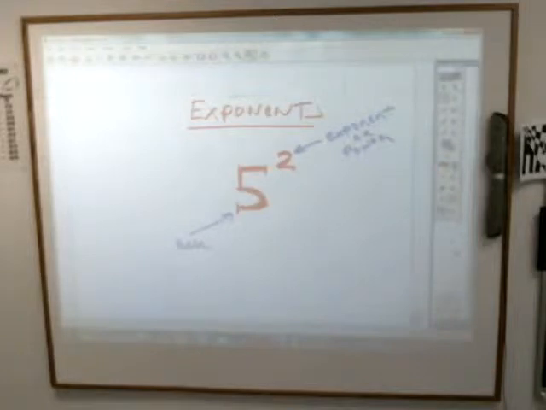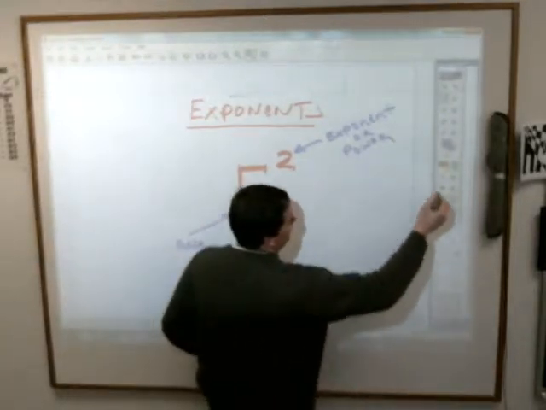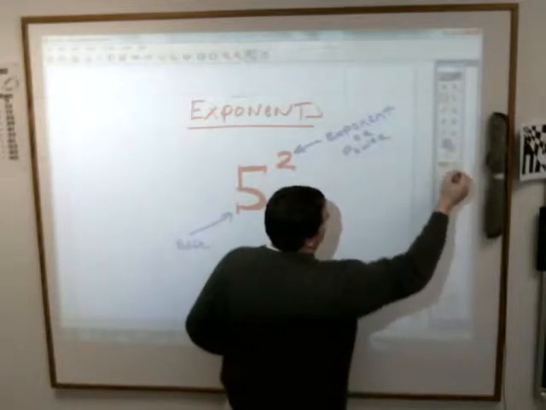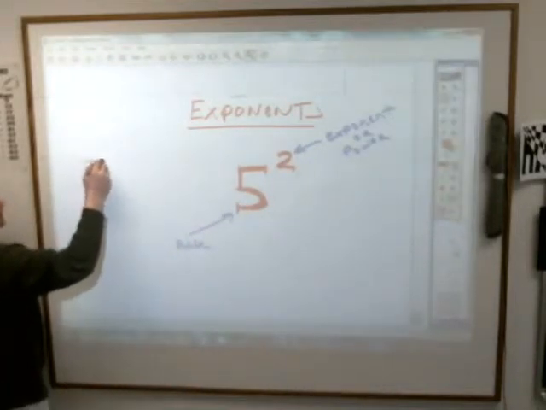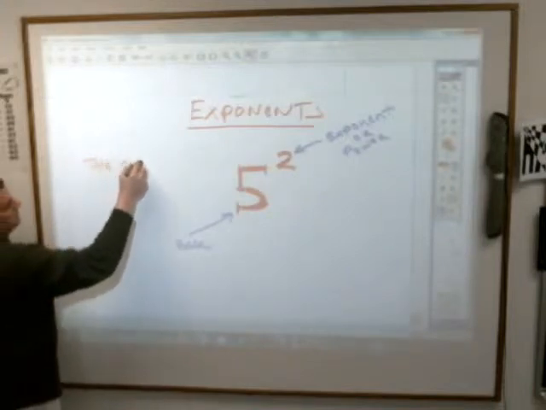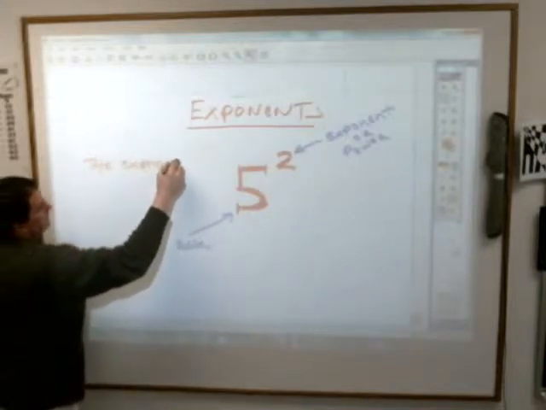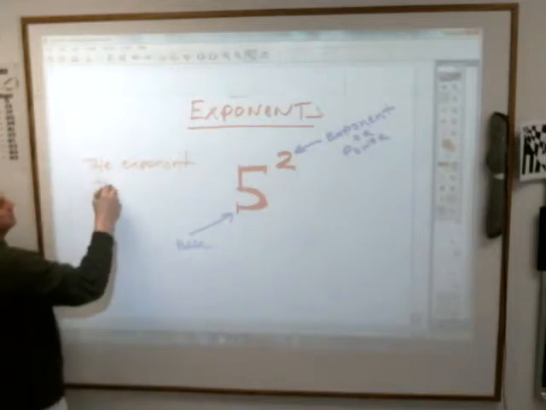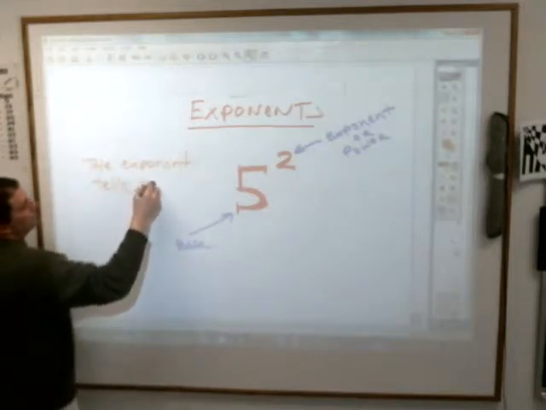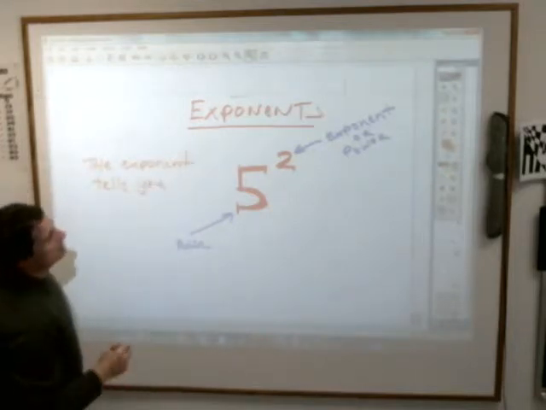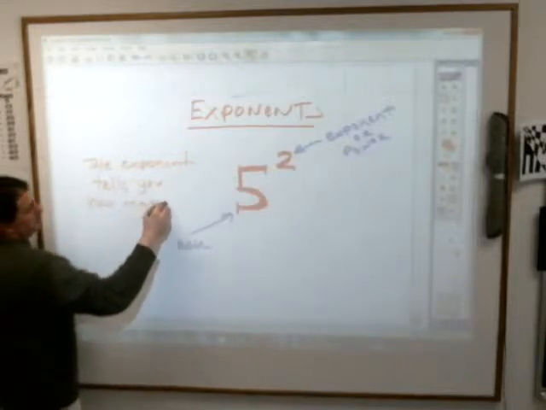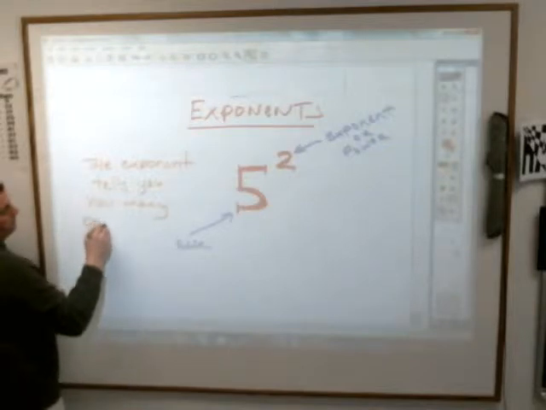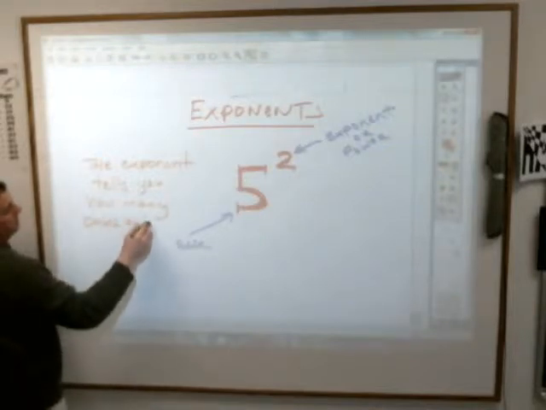And what exponents tell you, write this down. This will be our key for this part here. An exponent tells you how many bases get multiplied together.